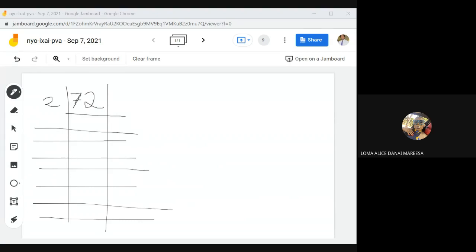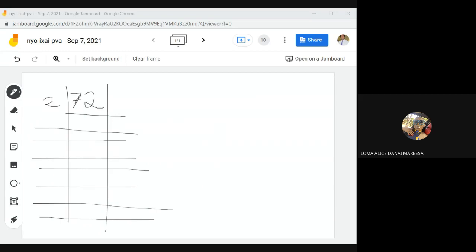After I finished drawing my abacus, I went on to look at the number that we are looking at. It's 72. I said, okay, 72, which number is close to 72? I saw 64, and I pointed at 64.